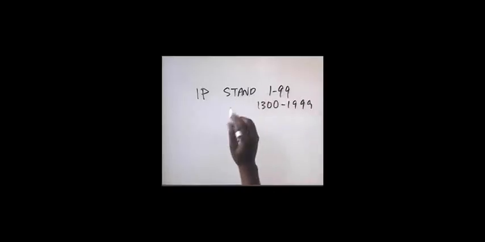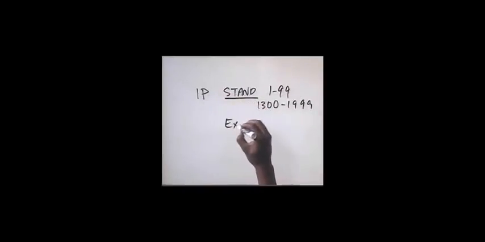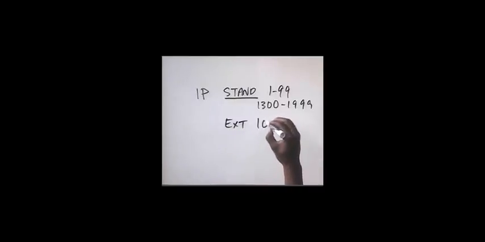These would be standard access list numbers. So when you're configuring and if you select one of the numbers from one of these ranges, the router knows that this is a standard IP access list. Extended would be number ranges 100 through 199 or 2000 through 2699.